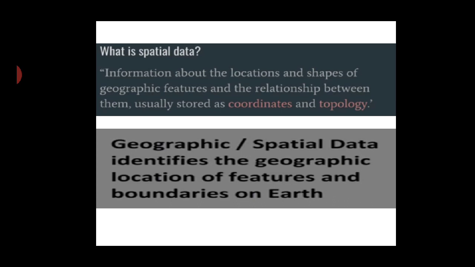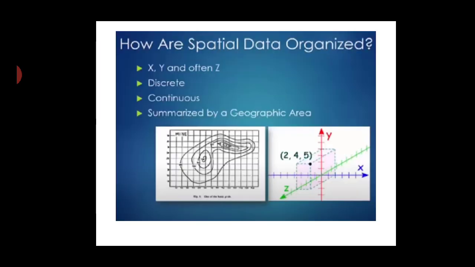So information about the location and shape of geographical features and the relation between them, which is usually stored as coordinates and topography, is called spatial data. These identify the geographic location of features and the boundaries of the earth. So anything associated with a location or relative position on the surface of the earth is called spatial data.